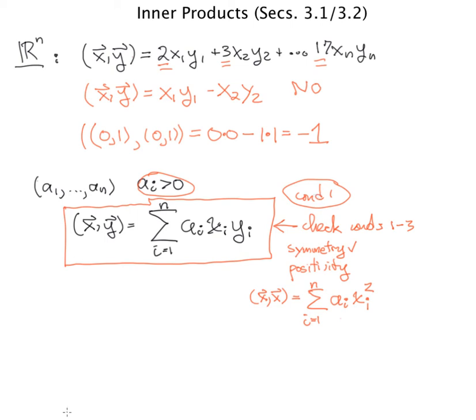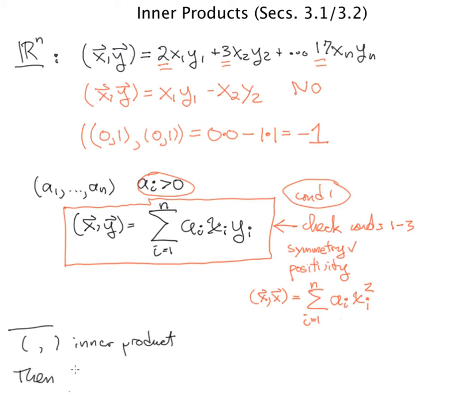I'll do a couple more examples in a minute. Let me mention one other part of the definition, which is that if you have an inner product, then associated to that is a norm.